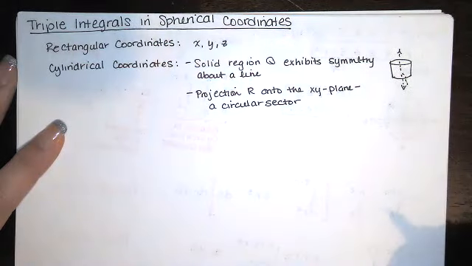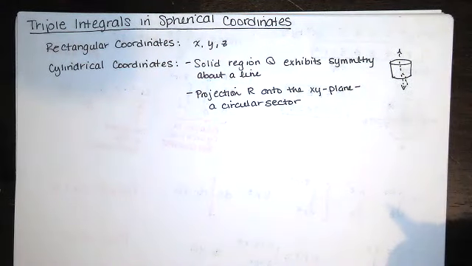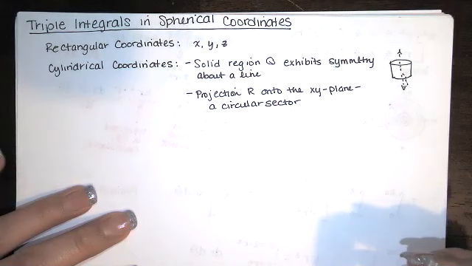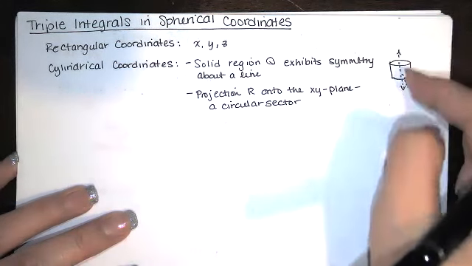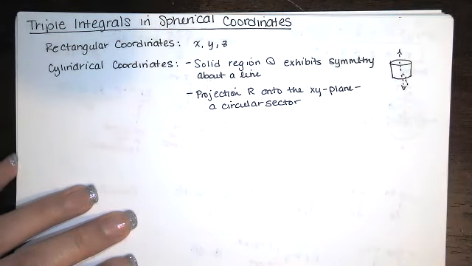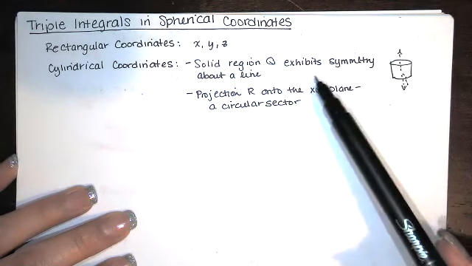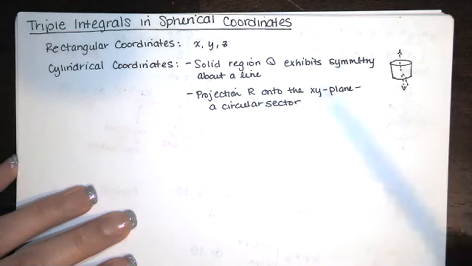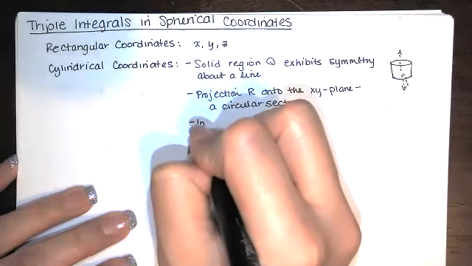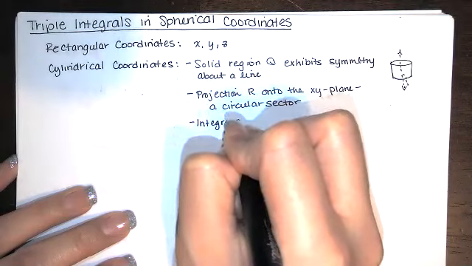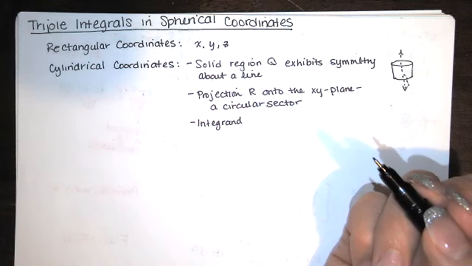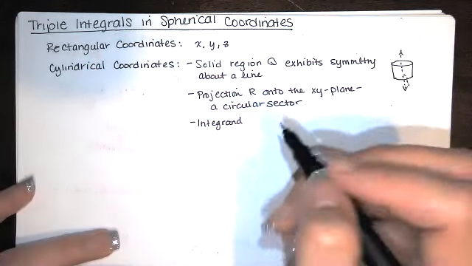we say, okay, maybe we should go to cylindrical coordinates, because cylindrical coordinates are really just polar coordinates plus z. We've got polar coordinates in the xy plane, and then we've got this z dimension that's giving us that symmetry about a line. So if we have a solid region that exhibits that symmetry, or the projection onto the xy plane is a circular sector, or if the integrand is more easily described in cylindrical coordinates, so that means the integrand itself has some symmetry about a line.